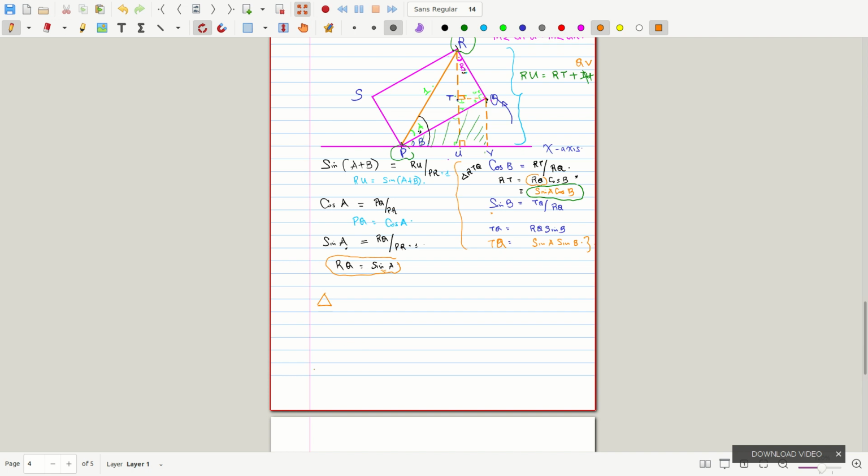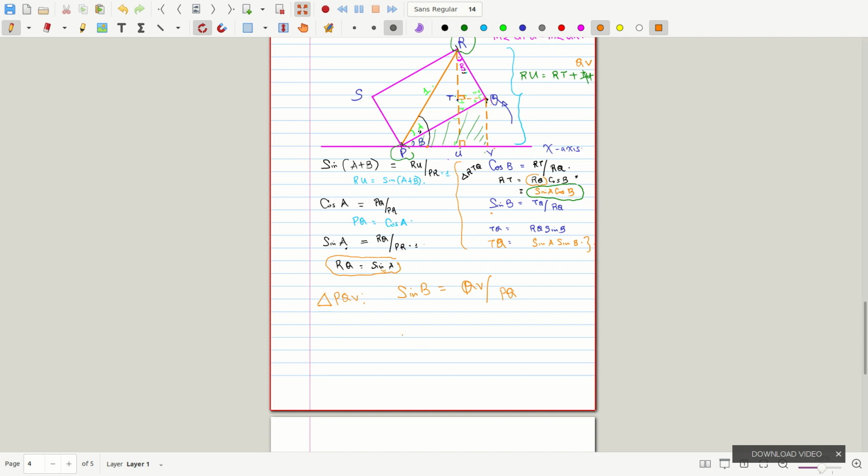Let us first look at this triangle PQV. If you look at the triangle P, Q, and V, we could write that sine B, sine of this B here, is equal to the opposite, which is QV, divided by the hypotenuse, which is PQ.